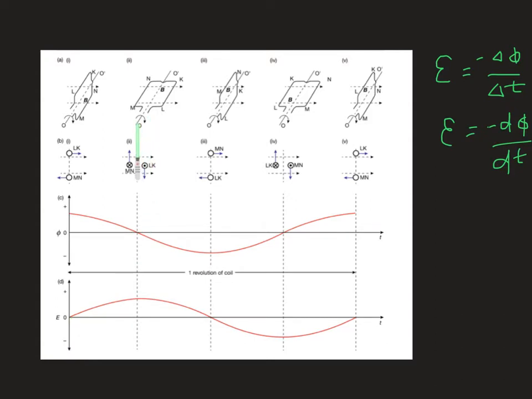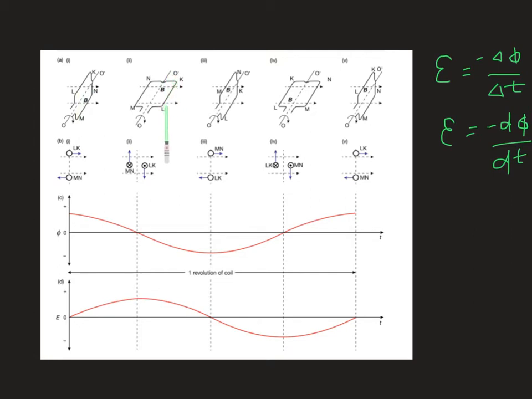Okay, let's have a look at the second diagram and see what's happening here. Once again, remember this is a generator, not a motor, so we're putting kinetic energy in to get electrical energy out. If we look at MN, this is lifting up now. If you want to follow KL around, KL has come around to the other side.